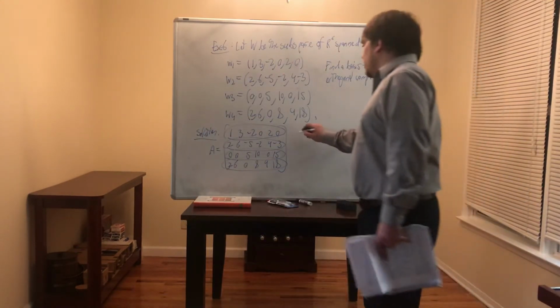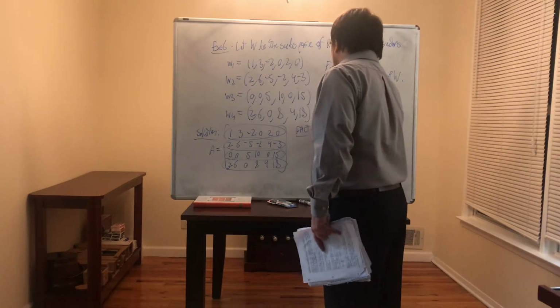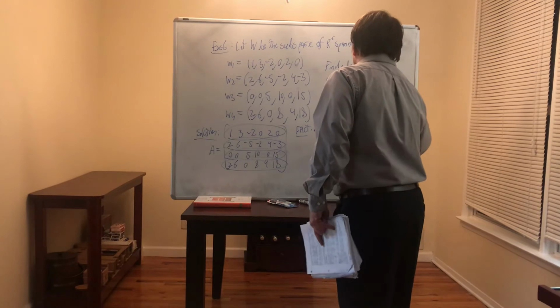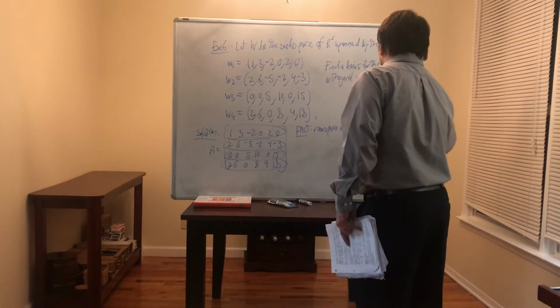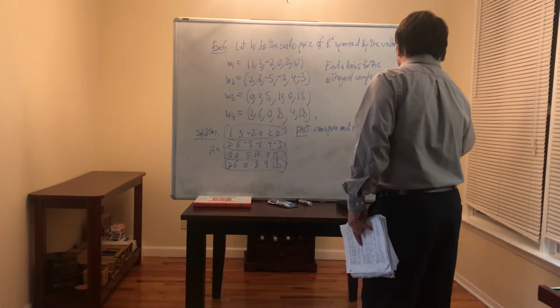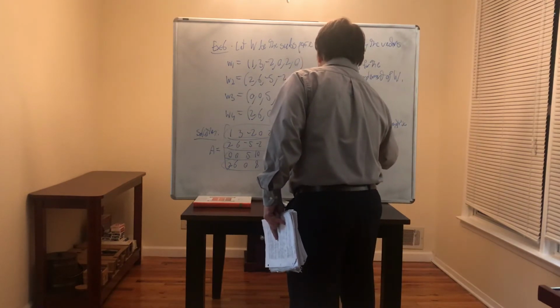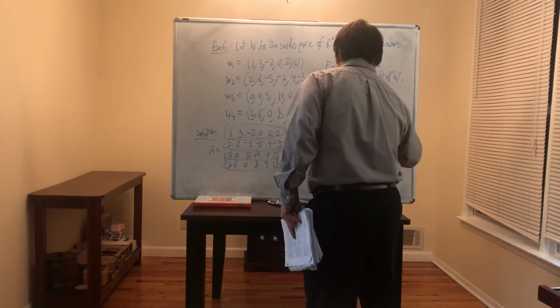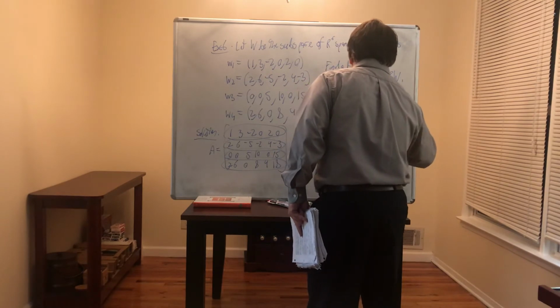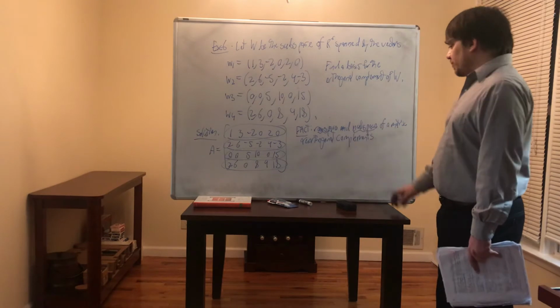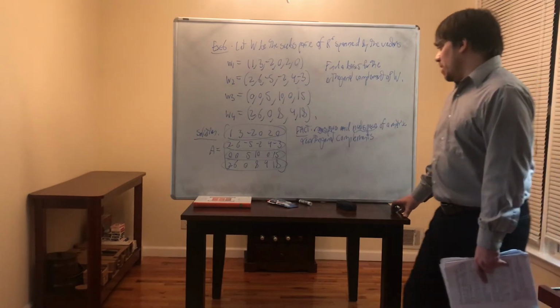And so here's the fact. The row space and null space of a matrix are orthogonal complements. Okay, so the row space and null space of a matrix are orthogonal complements.